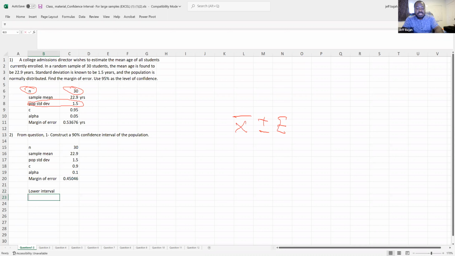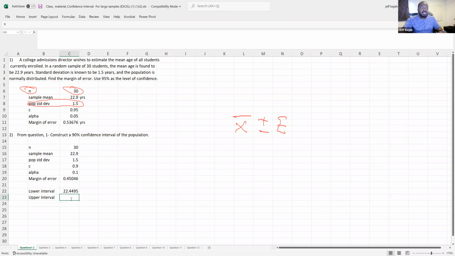We're also going to look at what's our higher interval. Some books will say upper interval. So if you say higher or upper interval, you're also going to be correct. To do that, remember, it's our sample mean plus or minus margin of error. So for this one it would be our sample mean minus a margin of error.